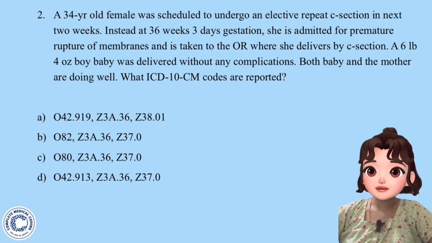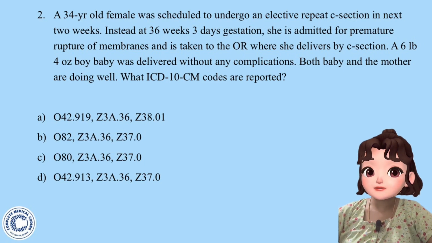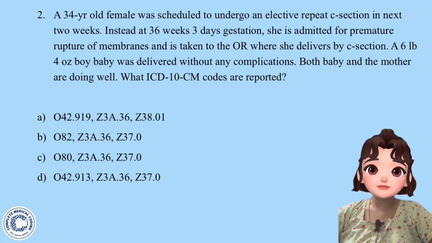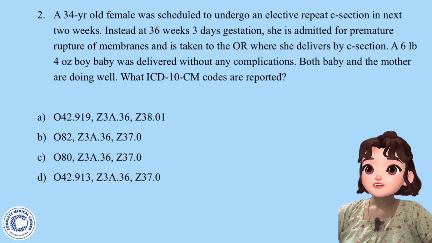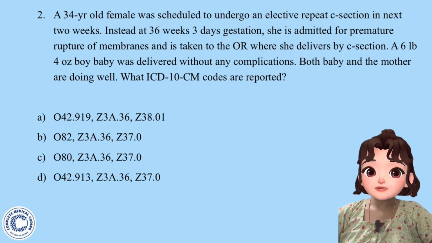So this is an important question. You will be getting such types of questions, maternity and pregnancy questions, definitely in your CPC examination. Here the patient is at 36 weeks and 3 days gestation. The patient was scheduled to undergo a repeat C-section. It means her previous delivery was also a C-section.